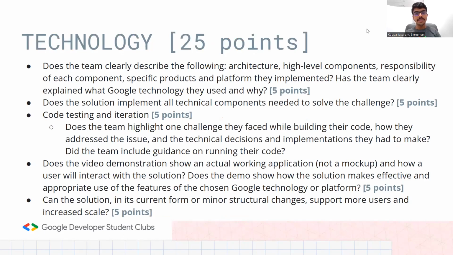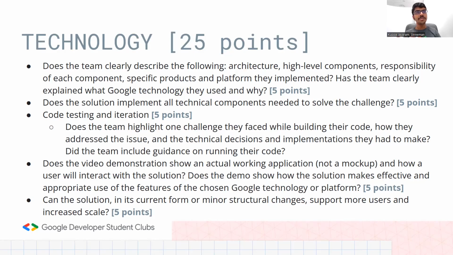And then the actual technology, which will be the technical components of the project. So the architecture, the high-level components, the specific products, especially the Google technology that you use, must be clearly identified. And then you also want to explain the technical components, different code testing that you all implemented.